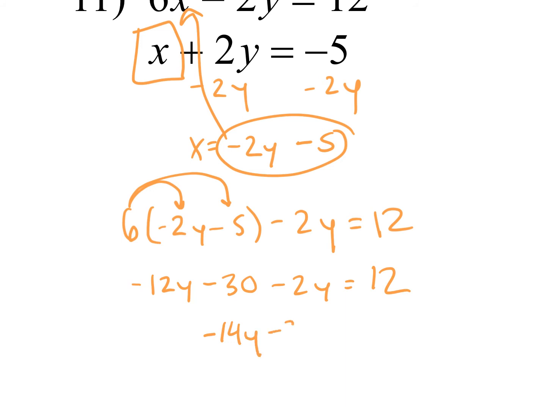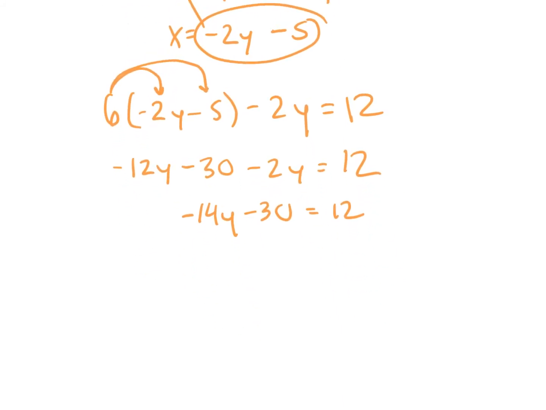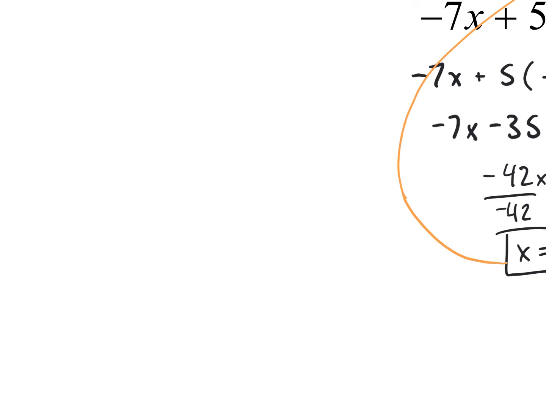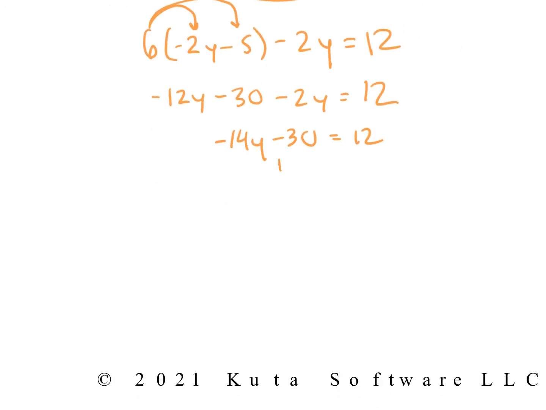Negative 14y minus 30 is equal to 12. And then what should I do? Add 30. So negative 14y is equal to 42. Divide by negative 14. So what's y equal to?